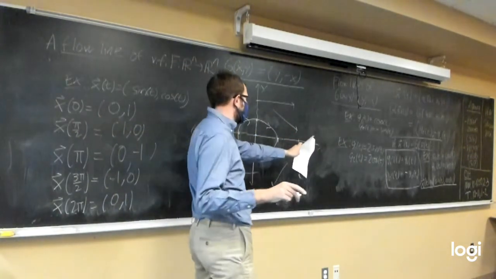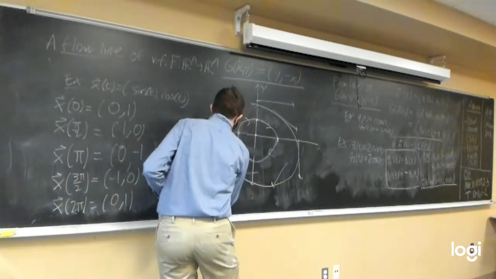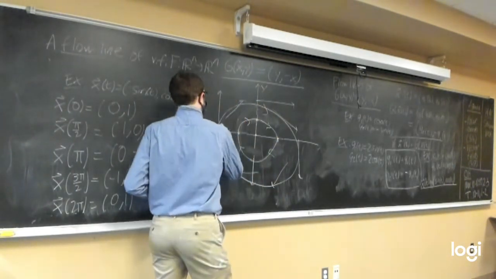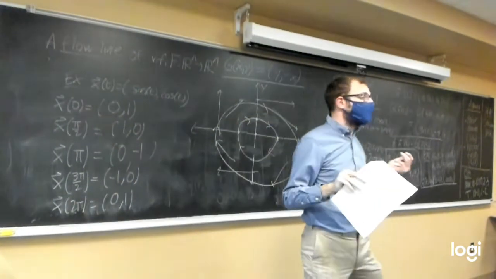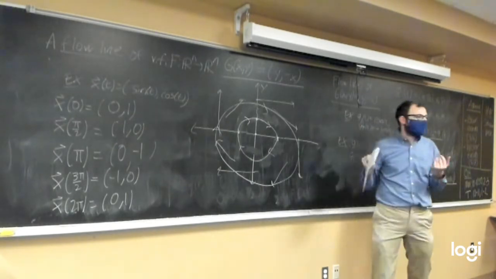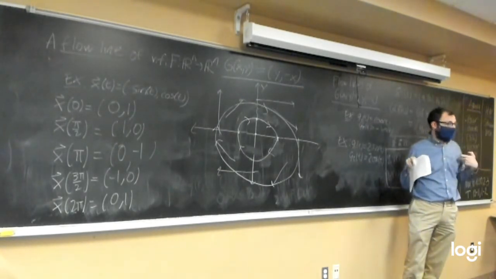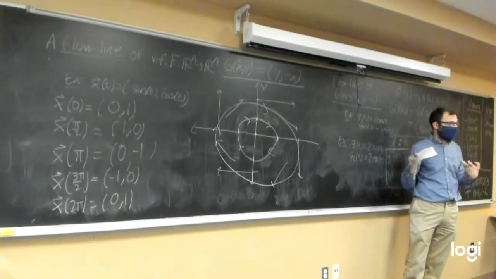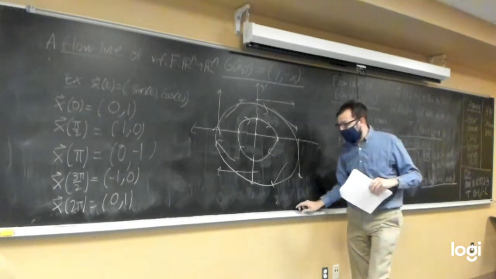If we were to do 2 sine of t, 2 cosine of t, it's also going to trace out a circle, just of a different radius. So any of these flow lines, when you graph them out, gives you a path that matches up with the flow of the vector field. It's a path that follows the arrows, so to speak, from wherever you might start.